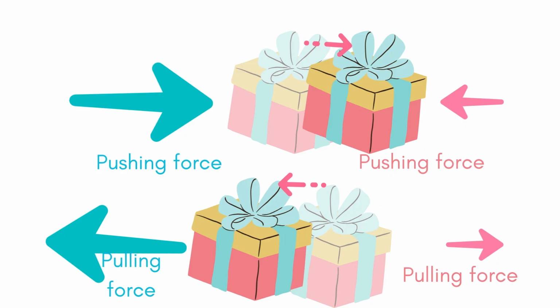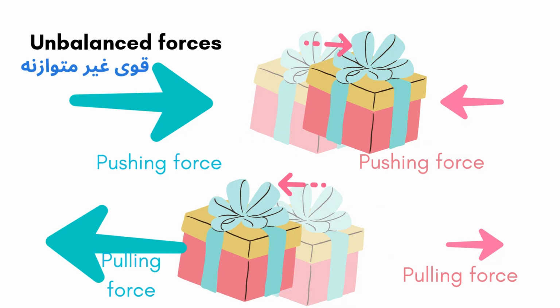They aren't equal, as one force is greater than the other force, and the two forces are in the opposite direction. So here, the object will move because the forces aren't equal. And we call the forces that aren't equal and in opposite direction unbalanced forces. Unbalanced forces, the opposite of the word balanced.